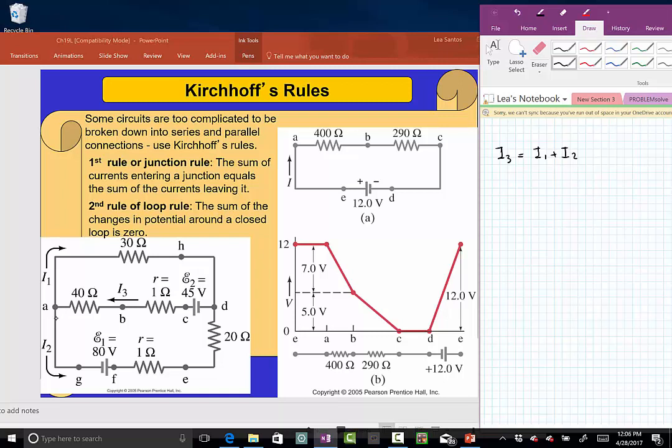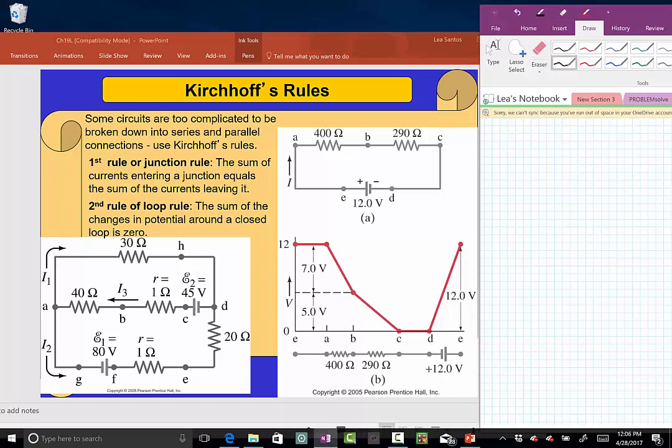To understand this better, let's pick an easier circuit that we are more familiar with, which is the circuit here on the right side. If I had to solve this problem, I would use the old methods that we've been using.